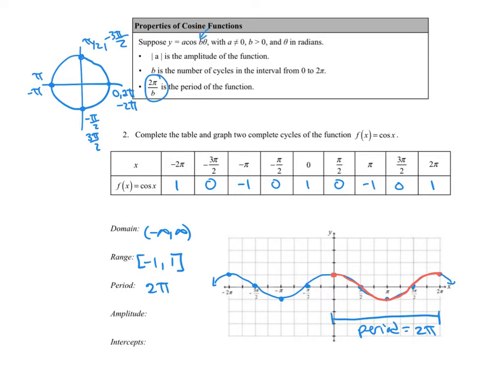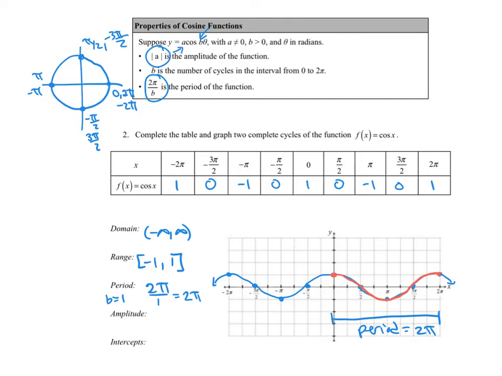The b is the number in front of the independent variable. In this case, since we're just doing cosine of x, our b is 1, and 2 pi over 1 is just 2 pi.